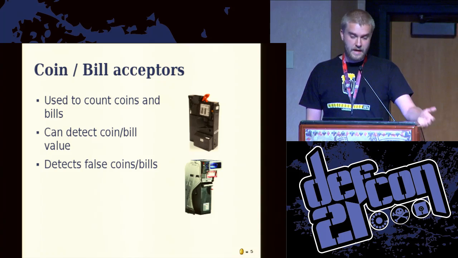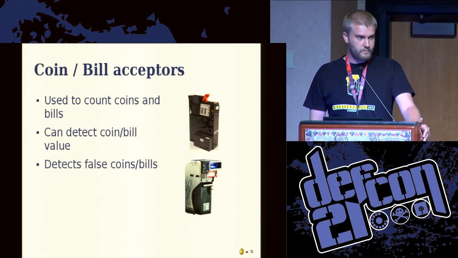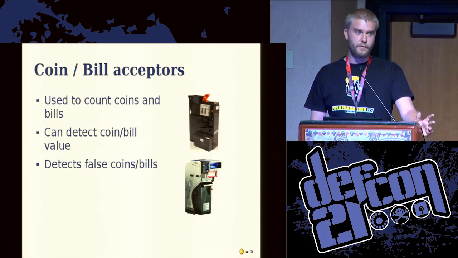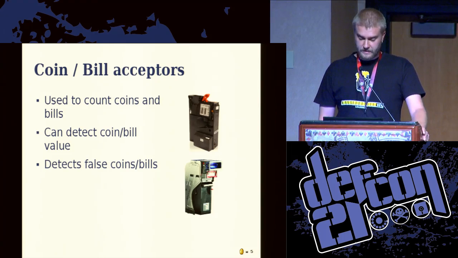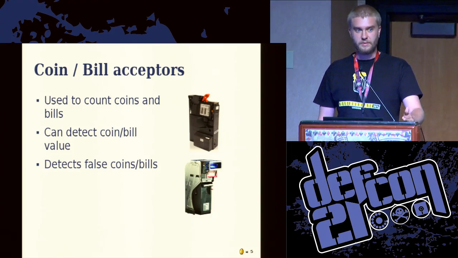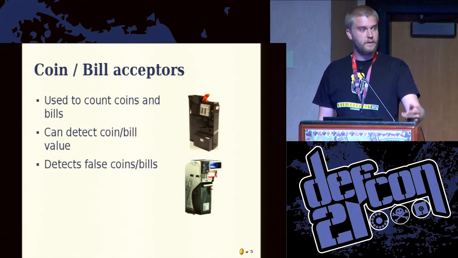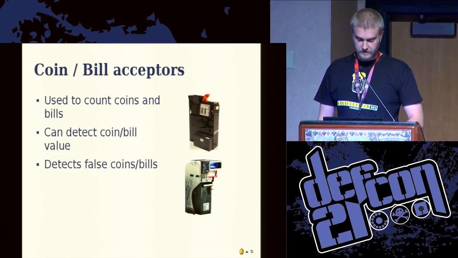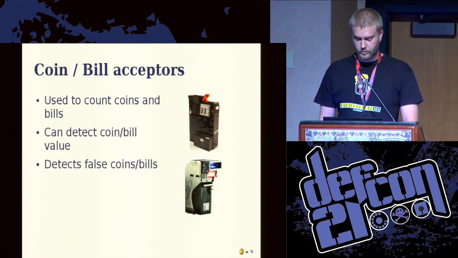They use different methods to recognize the money: the weight, the size, even visually. If the coin has been accepted, it is signaled to the main board, which processes the event that a coin has been inserted, for instance, $1.